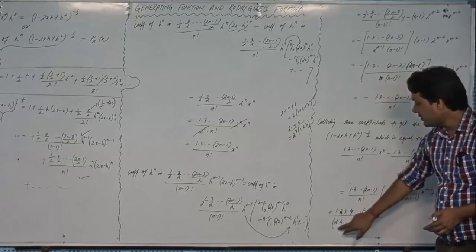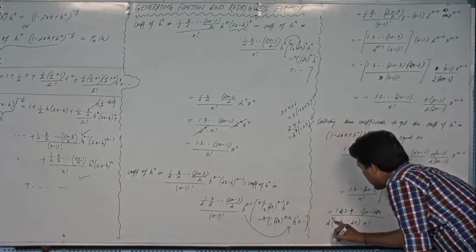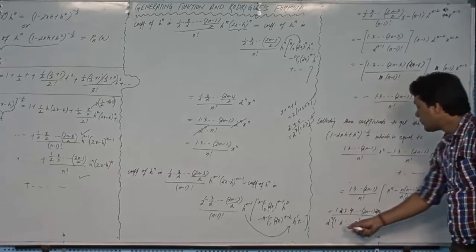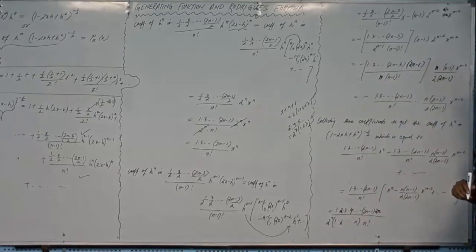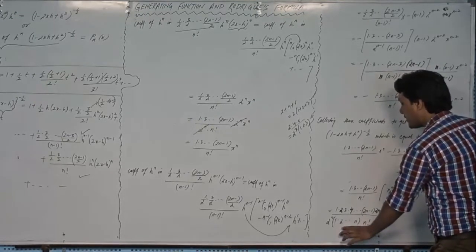So be careful at this point. When 2 to the power n is taken common like this, I will be left with 1, 2 up to n, and this will become n factorial, right? Ultimately here we will have n factorial multiplied by n factorial, that will become n factorial whole square.